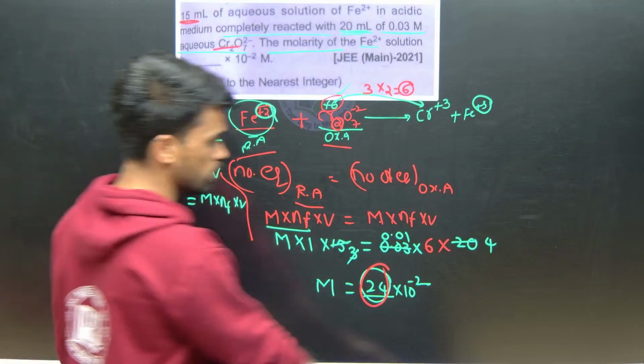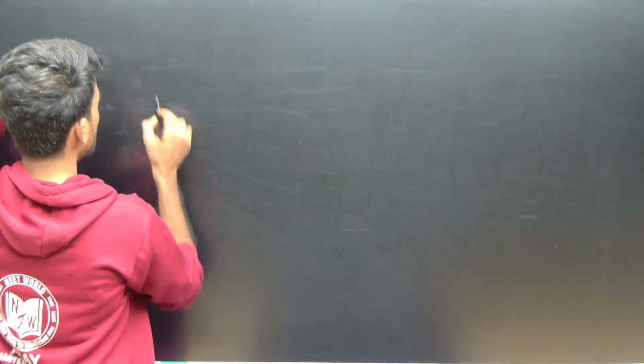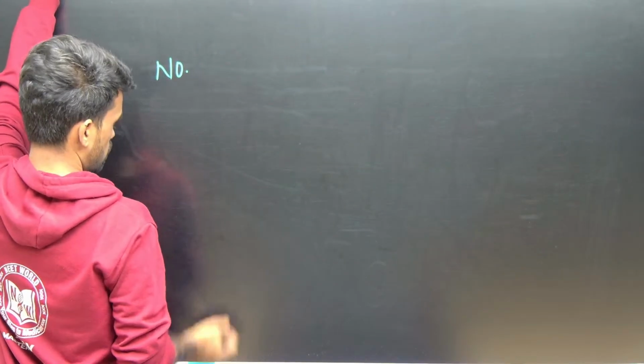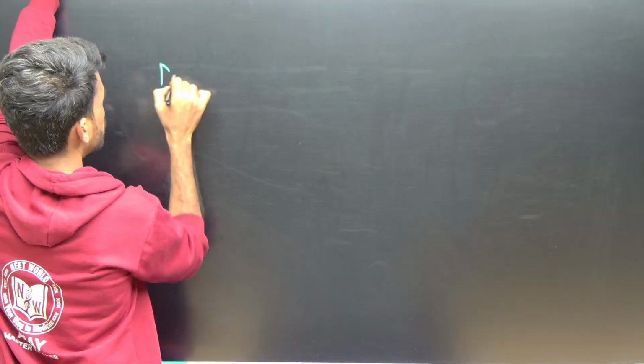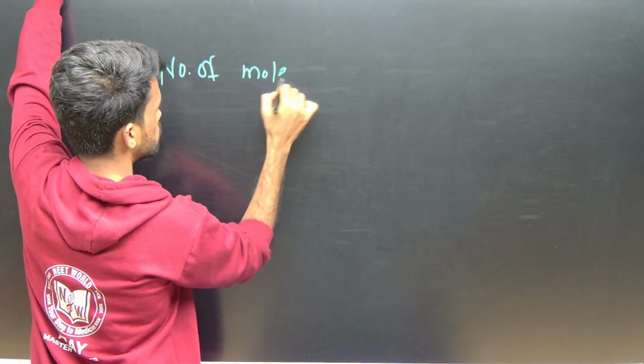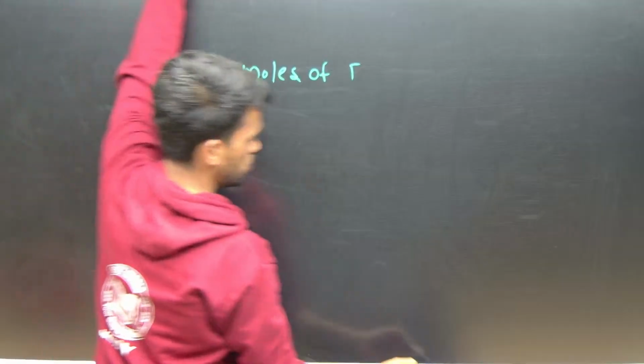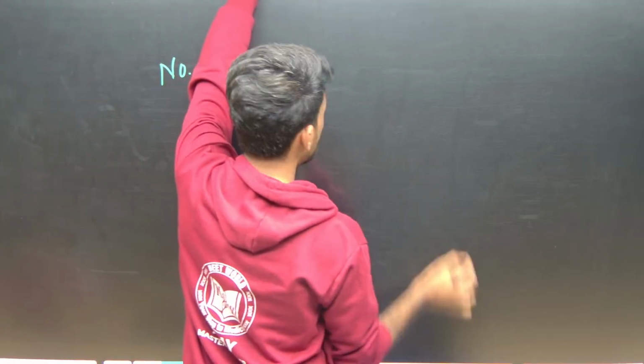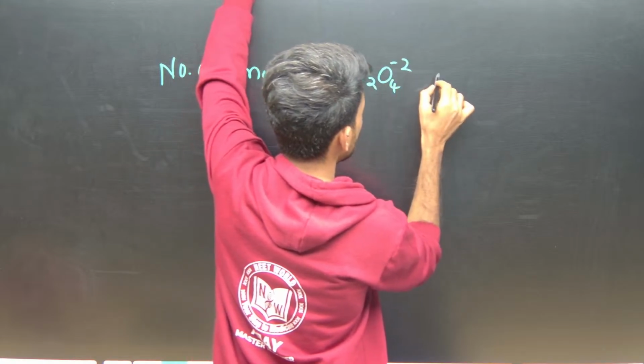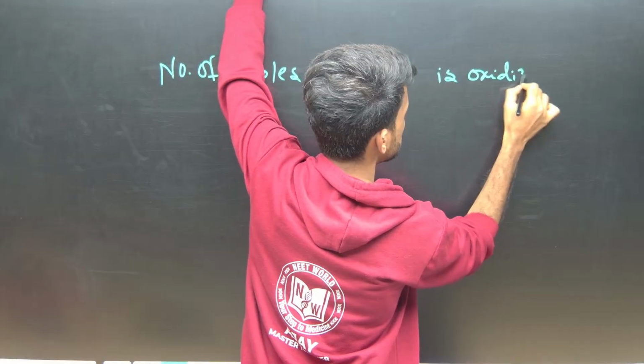Okay. Now I will be giving you one question in a similar way. Just tell me the number of moles of oxalate ion C2O4 2 minus oxidized by 0.1 molar KMnO4 of 30 ml.